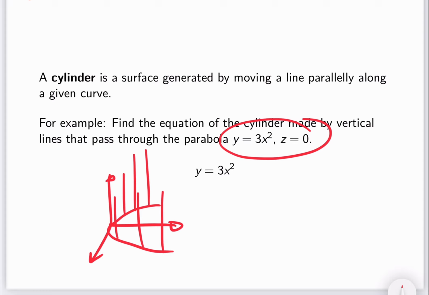So because of that, the equation of the cylinder is going to be just y equals 3x squared without the z equals 0, because z can take the value 0, or can take the value 1 or minus 1. Any value of z will give a point x, y, z that will be part of this cylinder.